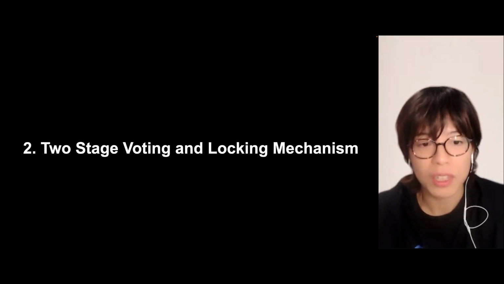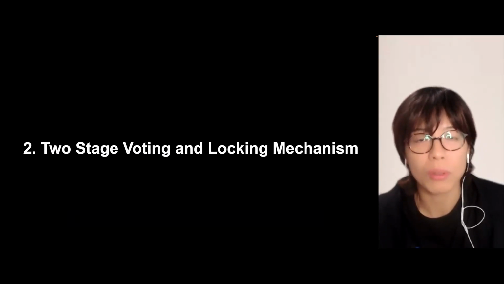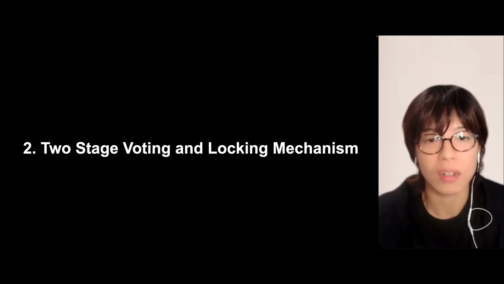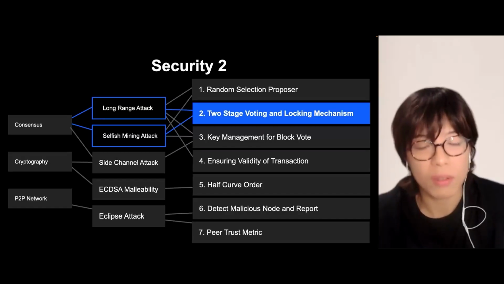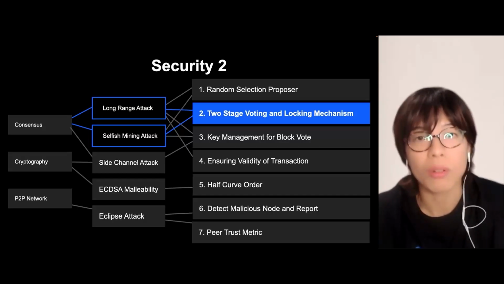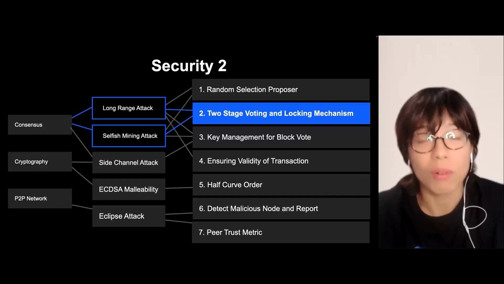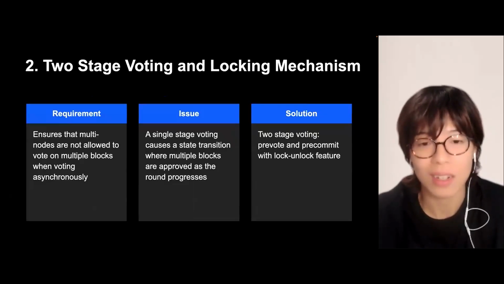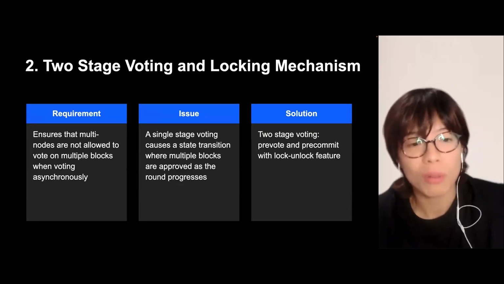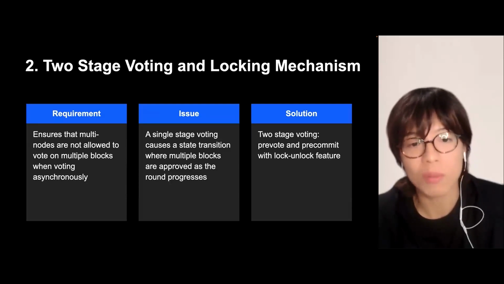The second security measure is two-stage voting and the locking mechanism. Next, two-stage voting: because there is a likelihood of forming a fork, I'd like to explain the countermeasure.